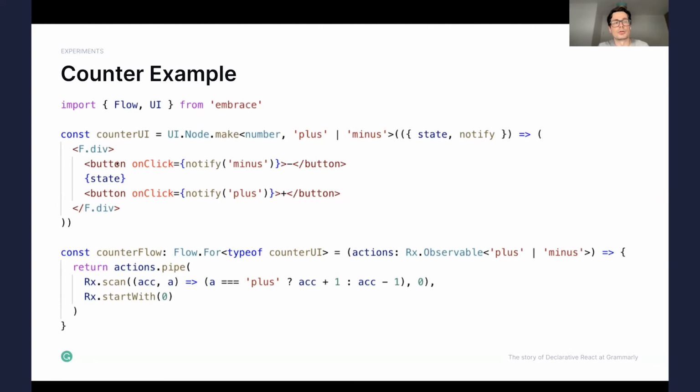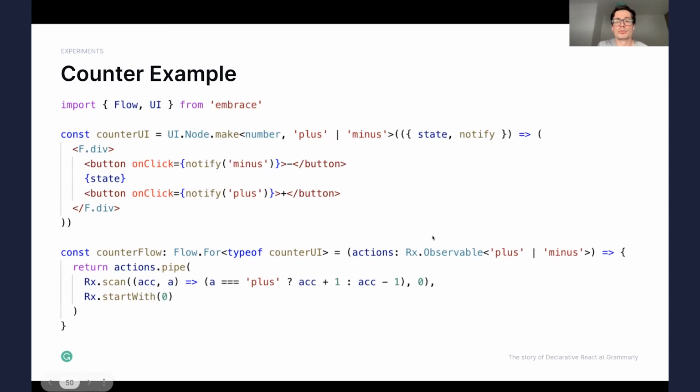So we create if that would update every time a state emits a new number value, and we have two buttons that when clicked will notify or emit a new action. So now we need to do the other way around. So we need to provide the flow that would accept those actions and emit a new type of state. So first we need to provide a UI. And now we need to do the flow.